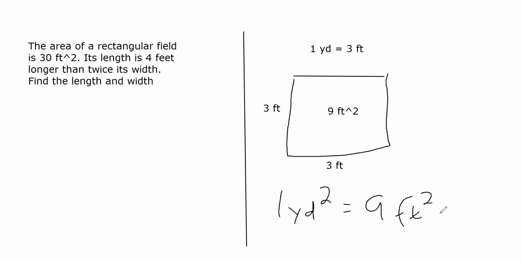If you're doing it in 3 dimensions, a cube, think about 1 cubic yard. That would be a cube that's 1 yard by 1 yard by 1 yard. But each of those is 3 feet by 3 feet by 3 feet. 3 times 3 times 3 is 27 cubic feet. So if you go into 3 dimensions, it goes even further than that.